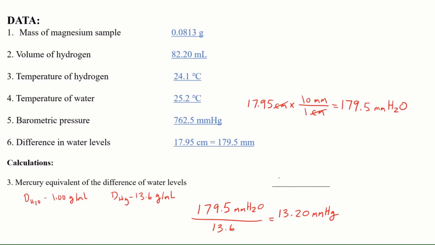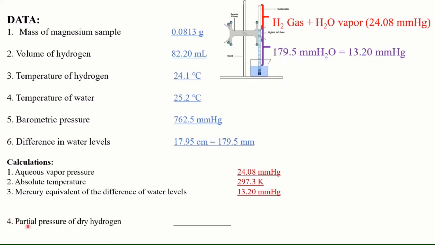So here the calculation will simply be 13.20 millimeters of mercury for the partial pressure of dry hydrogen.